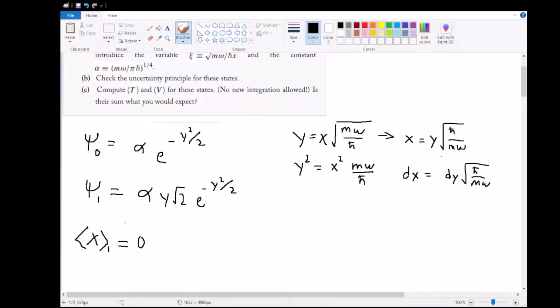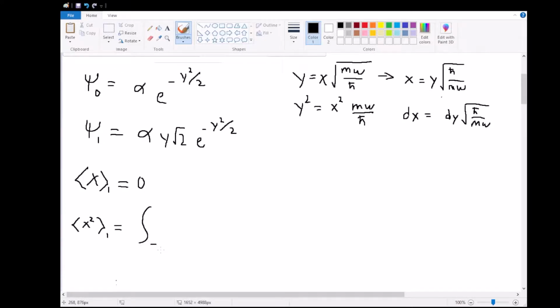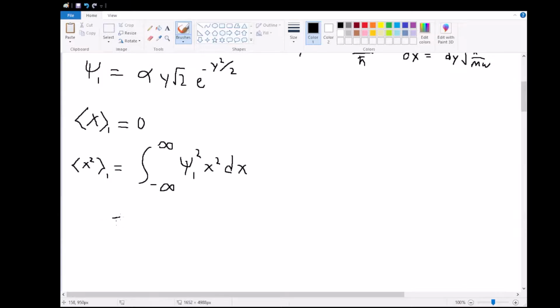Doing the whole song and dance again for x squared, the expectation value of x squared in the first excited state is going to be equal to the integral from negative infinity to positive infinity of psi1 squared times x squared times dx. And then we write everything out again.